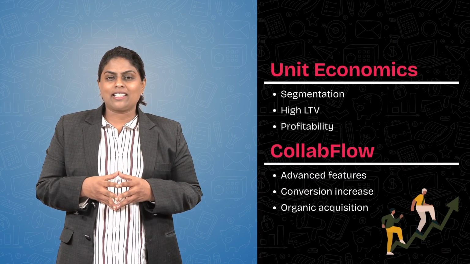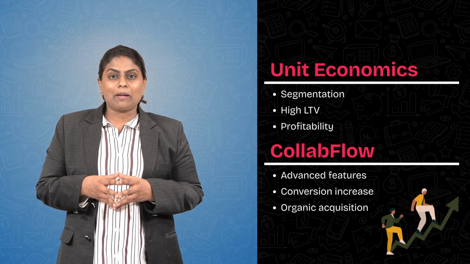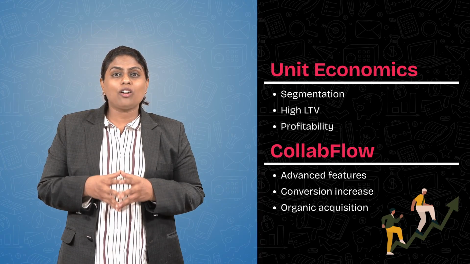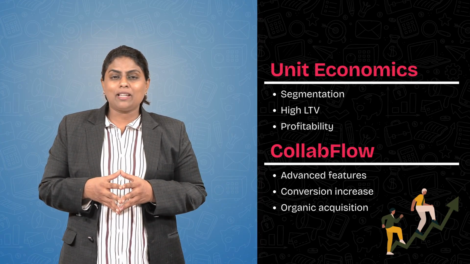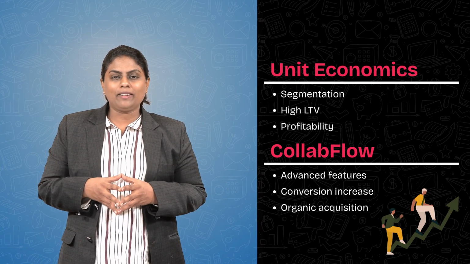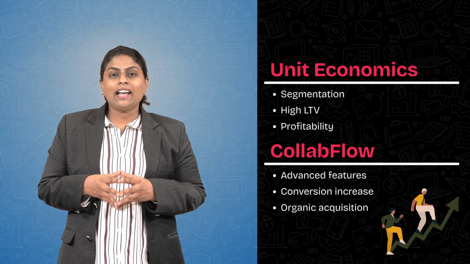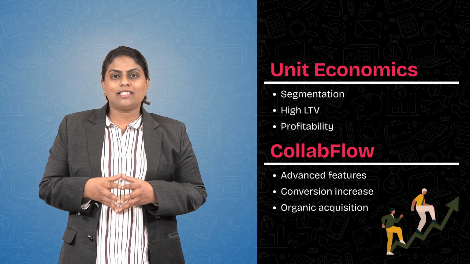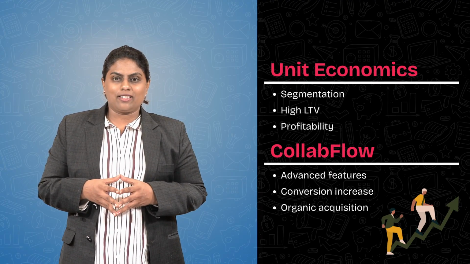Management then analyzes unit economics by segmenting and discovers that marketing agencies with more than 20 employees exhibit lower churn at 1.5% and higher average revenue per account because they buy additional seats and premium integrations.